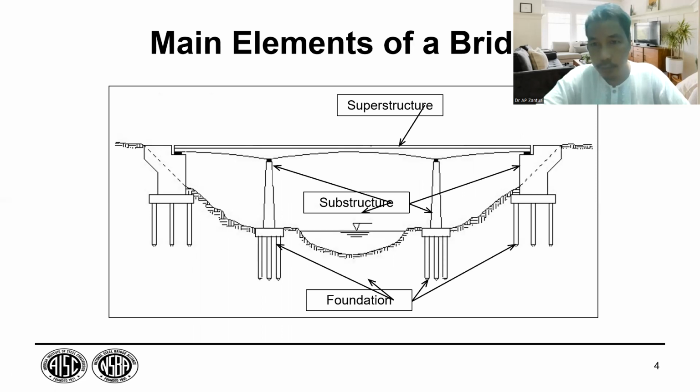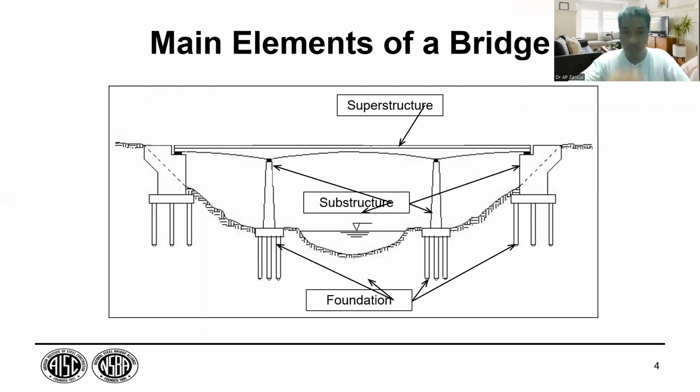The main elements of a bridge. If we have road components which are not at the same level, the road elements, the soil, the earth is like this.